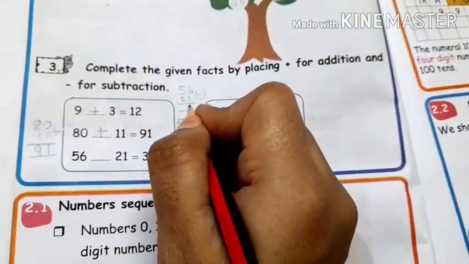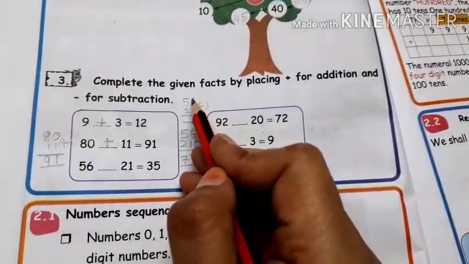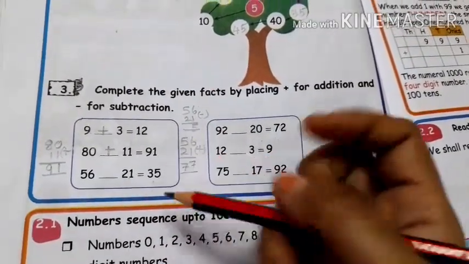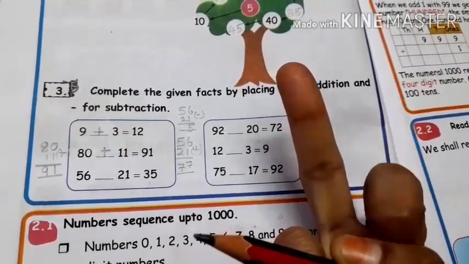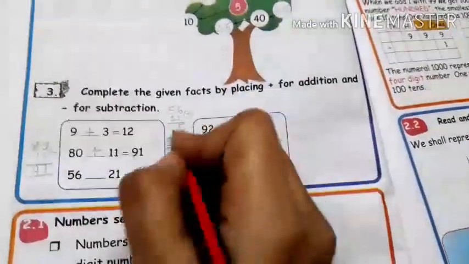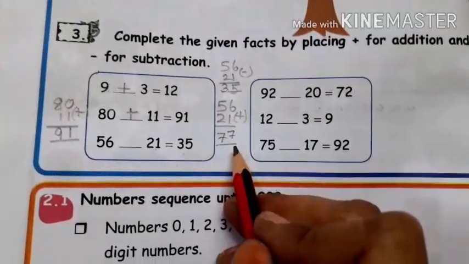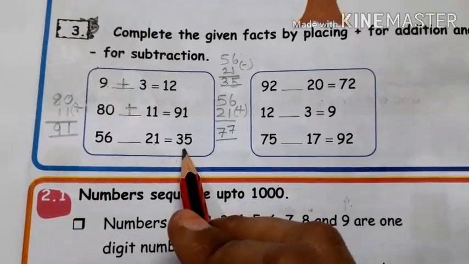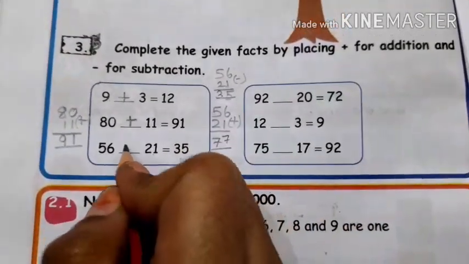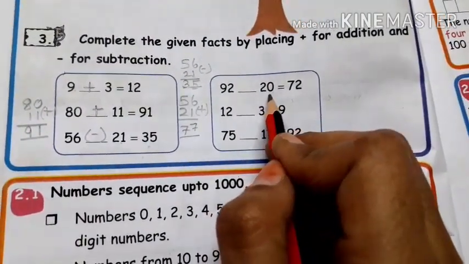Before 6, 5. So 5. Same way, 5 in the mind, 2 on the finger. Before 5, 4, 3. So 35. Which is correct? Whether it is addition, 77, or minus, 35. Which symbol do you have to put? Yes, minus.